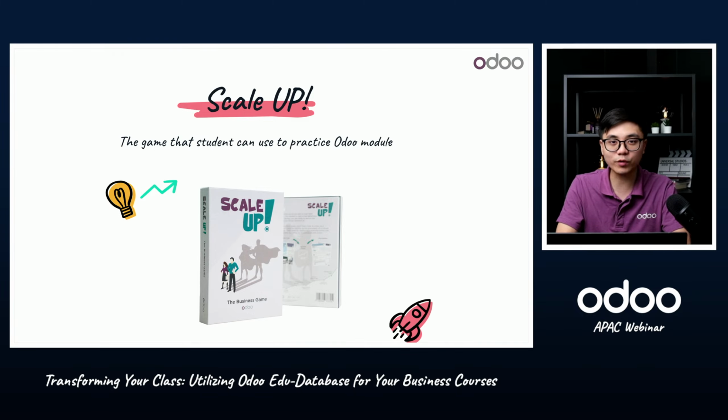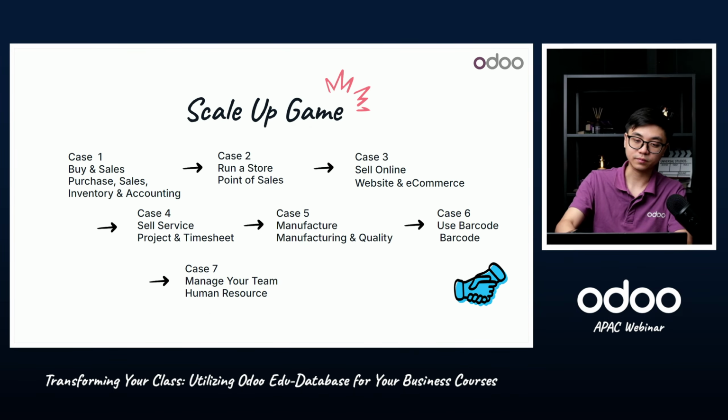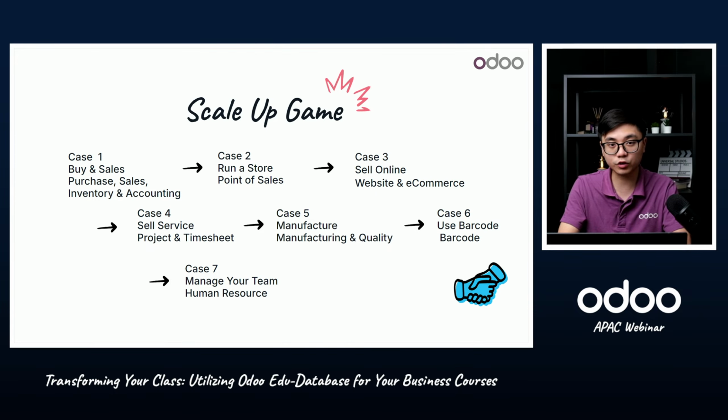So oftentimes we recommend them to combine the database with our scale-up game, our very special offering for you and your students, which is a game that students can use to practice Odoo functionality. It actually models a furniture startup and covers 7 different business cases that a business could potentially face, going from trading buy and sell to setting up an e-commerce store, a point of sale store, to using barcode and human resources management.